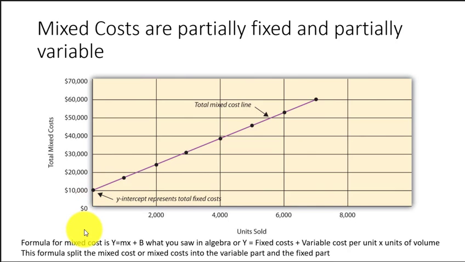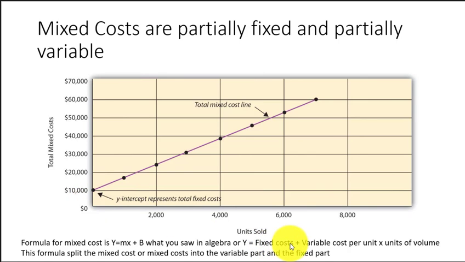So, as some of you may have learned in algebra, the formula for this line is y equals mx plus b. In your textbook, they mention it in a little different order. But what we need to make sure we do, because I don't really care what order we do this in, as long as we know that y, or the total costs, equals the fixed costs, which is the y-intercept, total fixed costs, wherever this line is going to cross the y-axis.